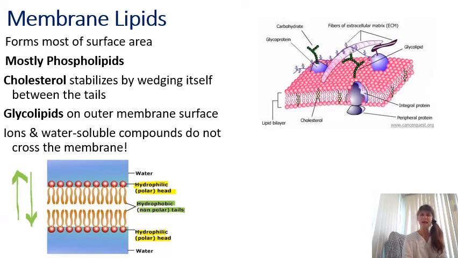Looking more closely at this phospholipid bilayer, at the picture on the upper right-hand side of this slide, we notice that there are some cholesterol molecules embedded in this phospholipid bilayer, and that helps to stabilize the bilayer.